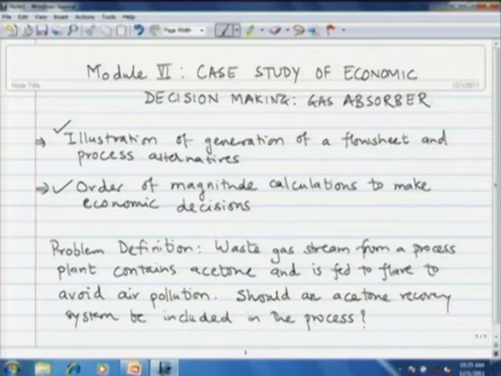Acetone being a valuable chemical, we have to see whether we should design an acetone recovery system and include it in the process. We have to first answer a question whether it is worth recovering acetone from that stream.